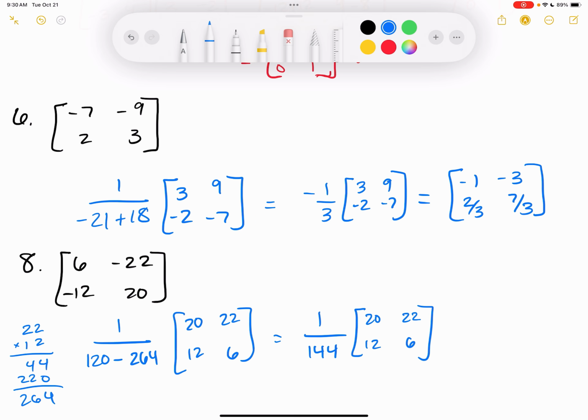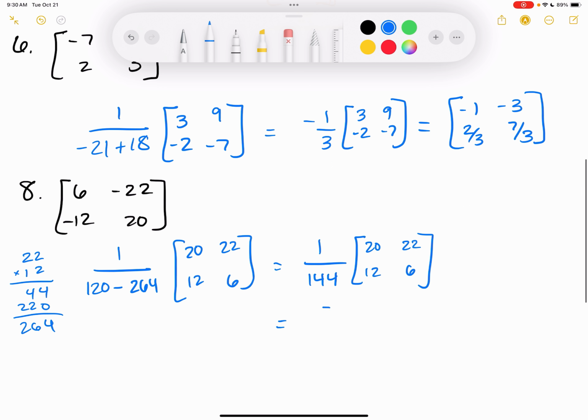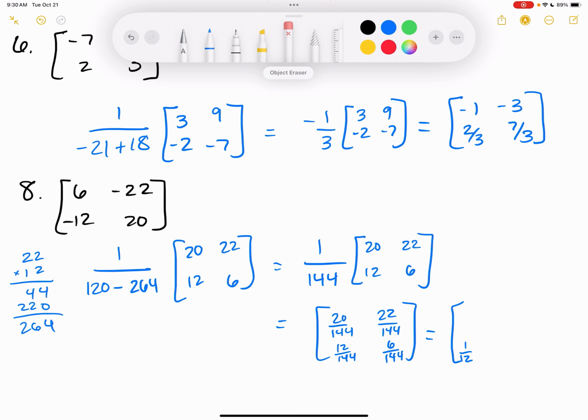Okay. Oh. That's a really large fraction.